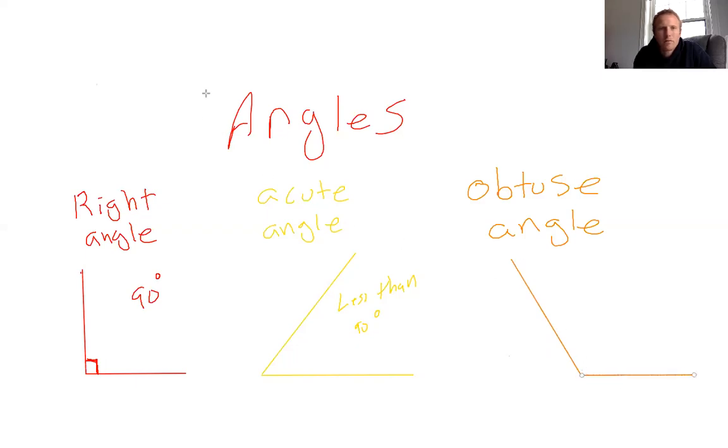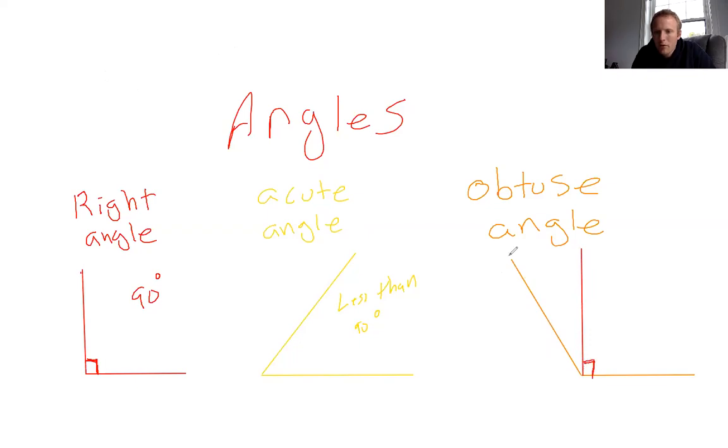So you could see, if I got my red back out, a right angle would be somewhere right in there. So if I took this red and this orange, that would be a 90-degree angle right there.